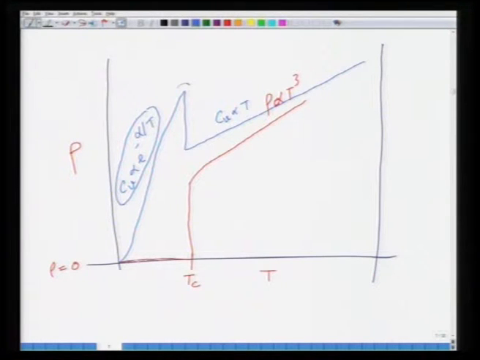So you see that near the transition you have an abrupt change in the specific heat, and if you are aware of the discussion that we carried out on phase transitions in ferroelectrics, such abrupt changes in physical properties like specific heat are a signature of some type of phase transition.